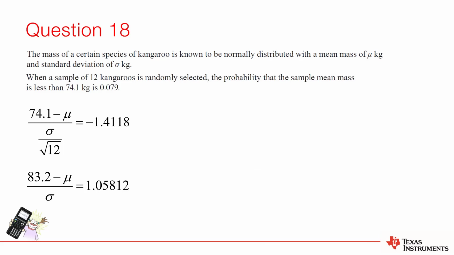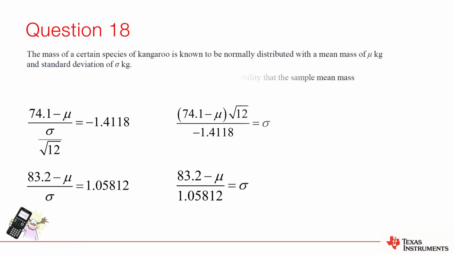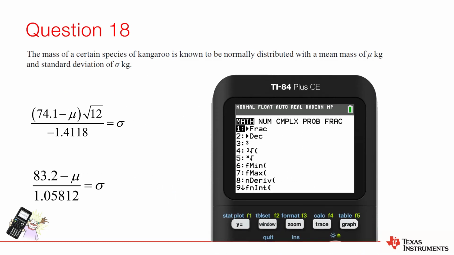Whilst there are several ways I could do this on the calculator, it's quicker in this case to just transpose at least part of the equation to make sigma the subject for each. I can still use solver.